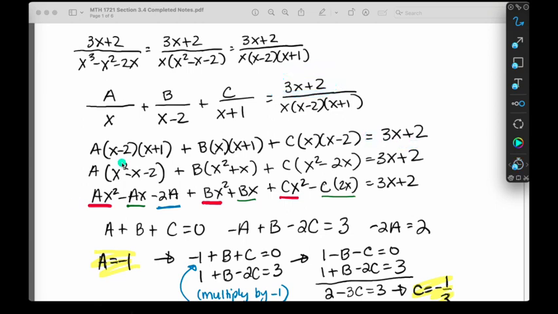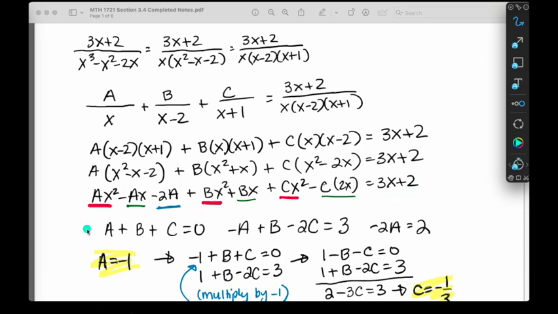Once I clean this up and I expand everything and get rid of the parentheses, what I would have is ax squared minus ax minus 2a plus bx squared plus bx plus cx squared minus 2xc, and that should all be equivalent to 3x plus 2.